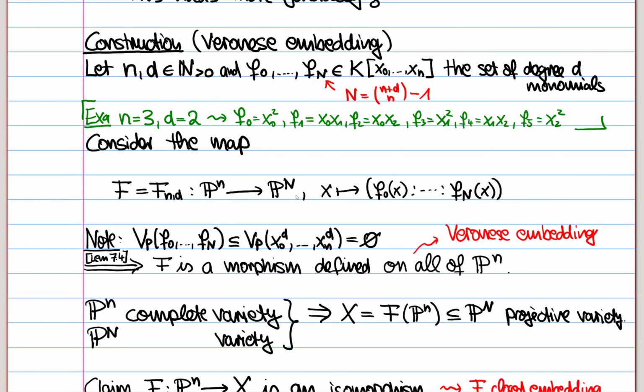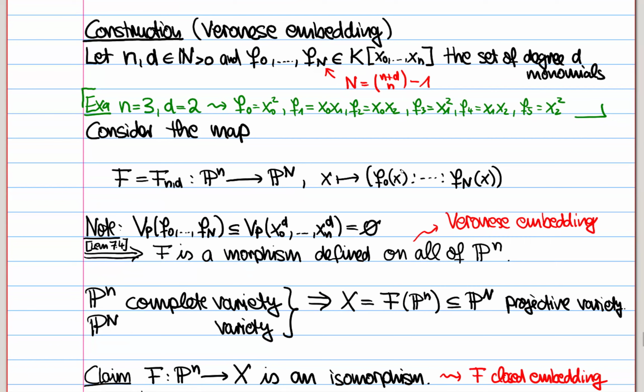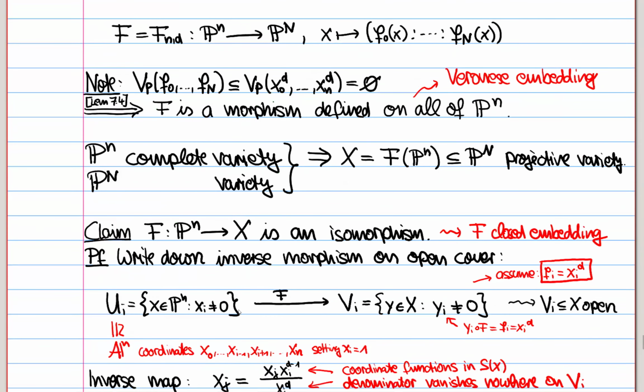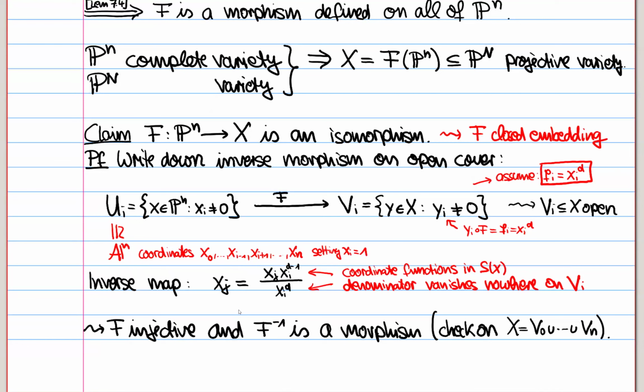And then the big claim, and the reason why this thing is called the Veronese embedding, is that this is an isomorphism. In other words, F is a closed embedding. So somehow this map to its image is an isomorphism. And to prove this, certainly it's surjective, and what we can do is write down an inverse morphism on some open cover of this X. And we choose our favorite open cover, so in particular we look at this locus of points where xi is not equal to 0.